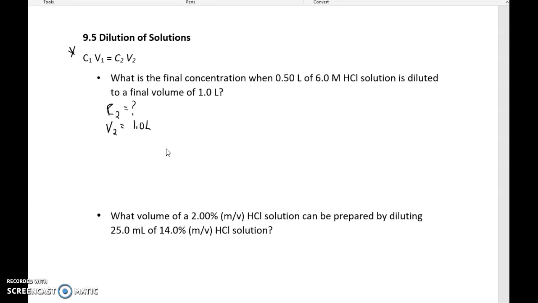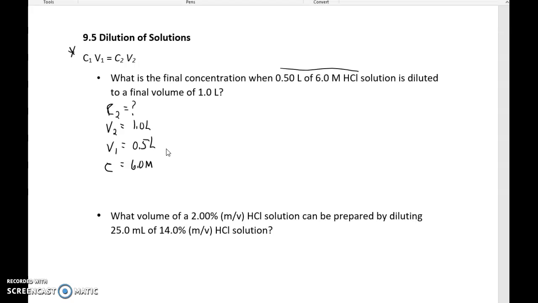And the initial volume is right here. So we've got an initial volume, the starting one, of 0.5, and we have an initial concentration of 6 molar.